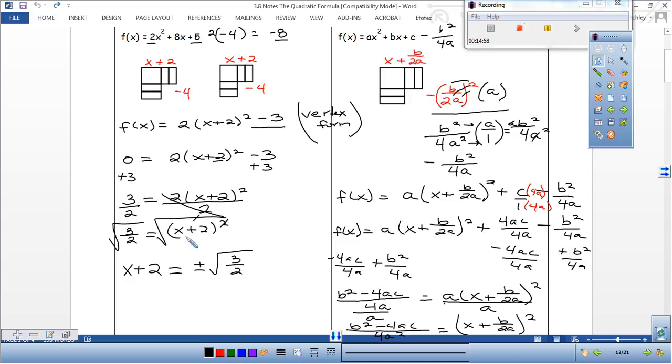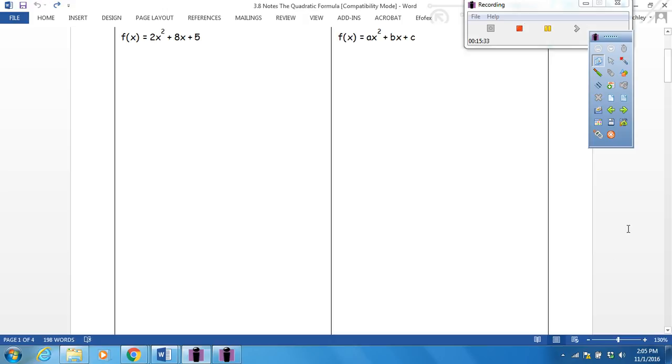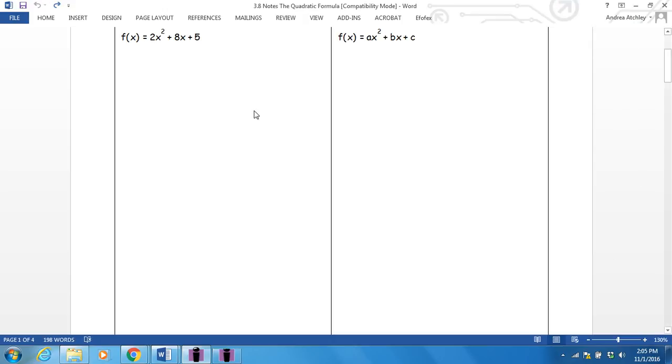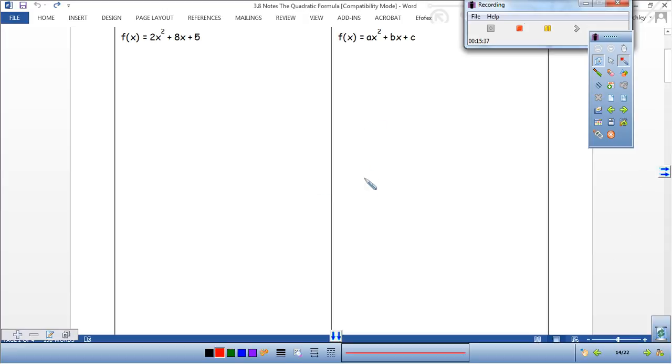We're all good? Okay. So on this side, we're going to do the same thing. We're going to square root both sides. Okay. When I rewrite that, though, I'm going to get the square root of b squared minus 4ac.